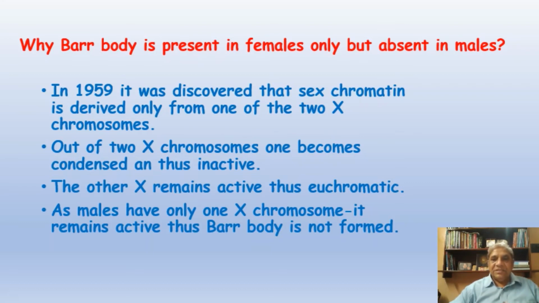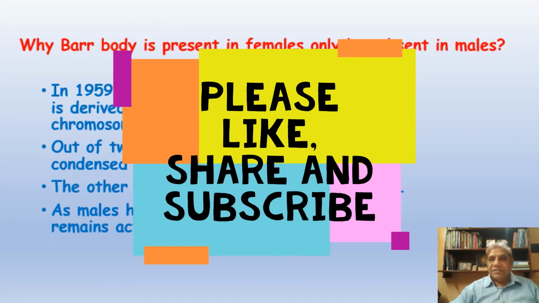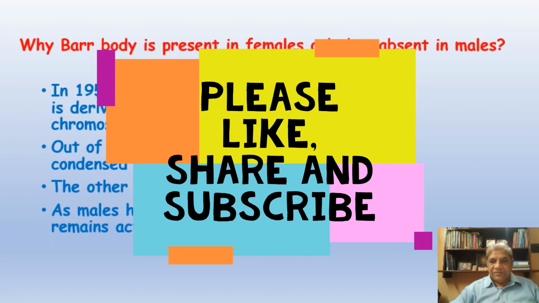This is the reason why females have the sex chromatin, the Barr body, and males don't. The reason is that males have only one X chromosome, and this is necessary for life. That's why this X chromosome is always in euchromatic form, and it is active. Genes are active on this. So this was discovered in 1959.